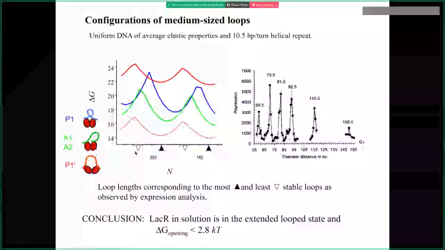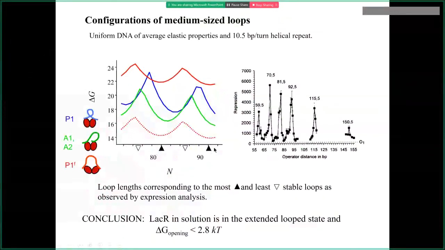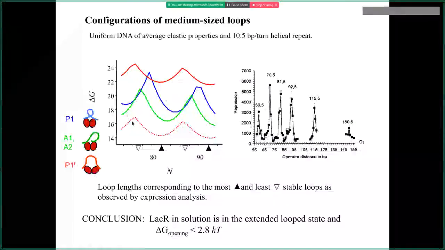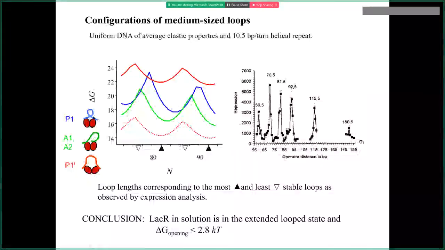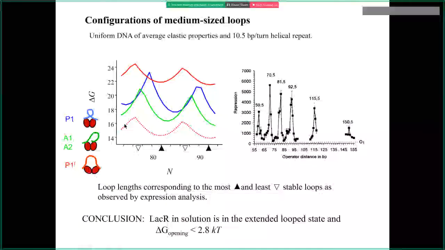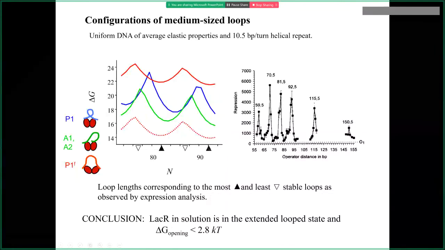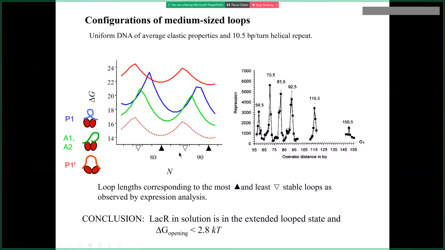And then when we looked at how that energy depends on the spacing between the sites, we looked at all of these different types of loops, and we found that the open configuration of the protein gives you the best agreement between the spacing of the loop and the locations of the least and the largest expression. And from that, one can conclude that the open configuration of the repressor is the one that is most likely to be found, and that's the one that controls the expression of the gene.